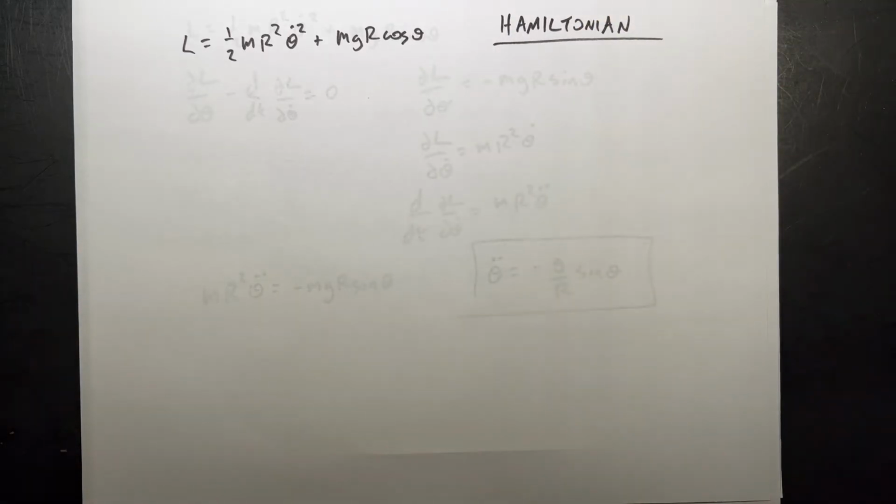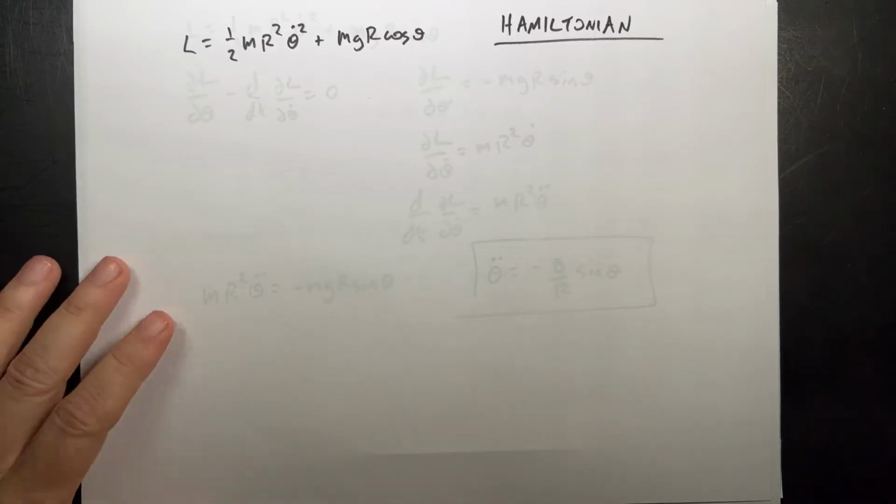If you're going to find the Lagrangian anyway, then why are you doing Hamiltonian? And we'll talk about that in the end. So the Hamiltonian is defined for a number of systems in terms of the momentum and in terms of the coordinate. And you can have more than one coordinate, of course, but we only have one coordinate here.